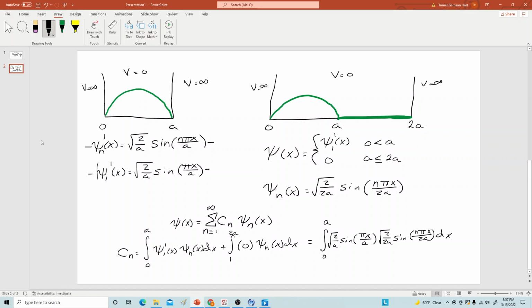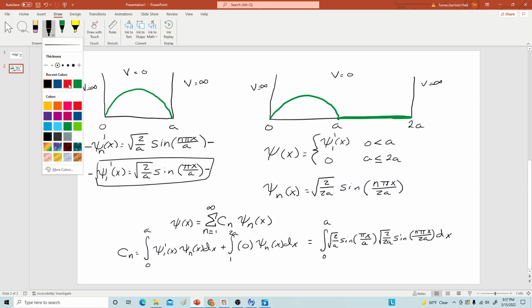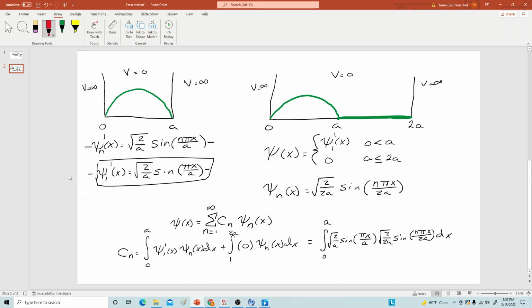So this is the wave function as described by the green line here. So we're assuming that the particle is in the ground state. Okay? And if I were to draw the n equals 2 state, psi of x equals square root 2 over a sine 2 pi x over a, that wave function would look something like this.